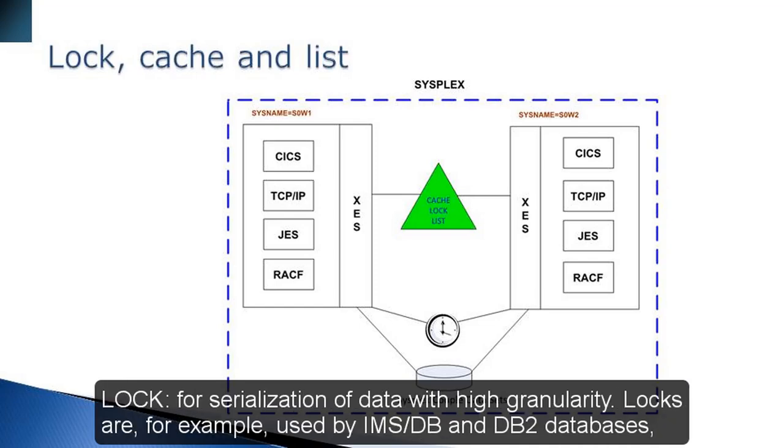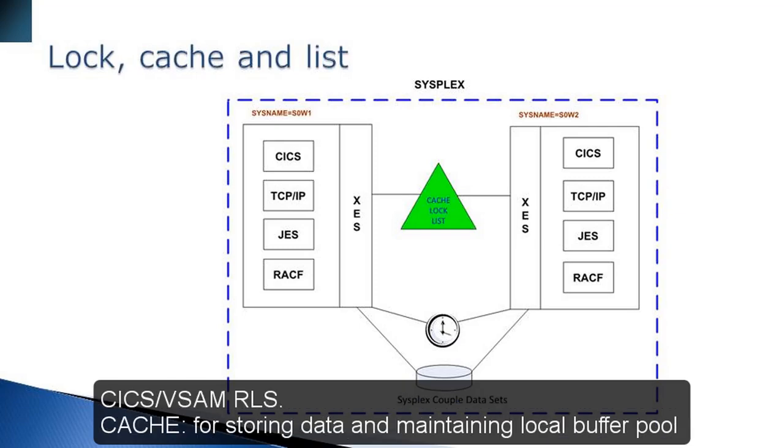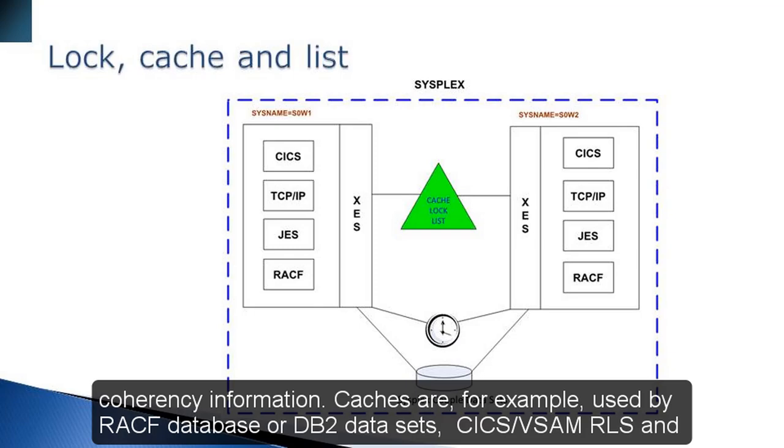Lock for serialization of data with high granularity. Locks are, for example, used by IMS DB and DB2 databases or CICS VSAM RLS. Cache for storing data and maintaining local buffer pool coherency information.